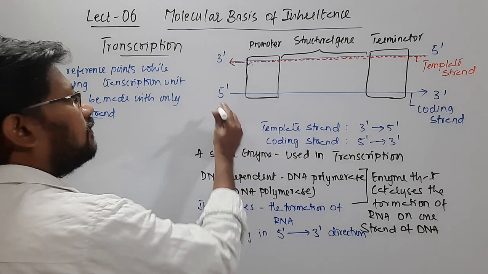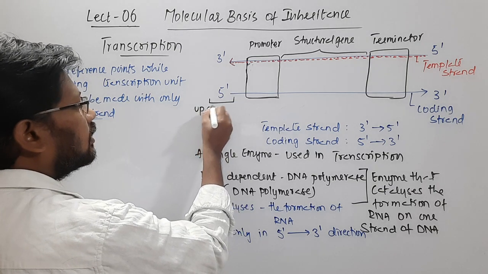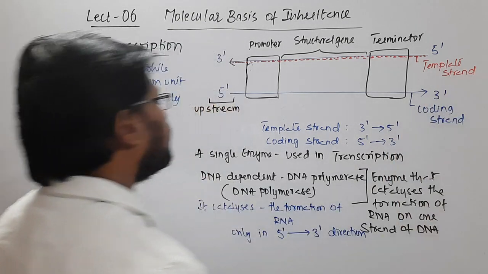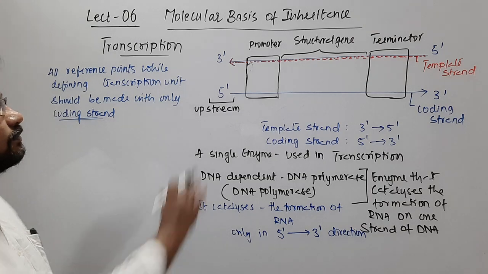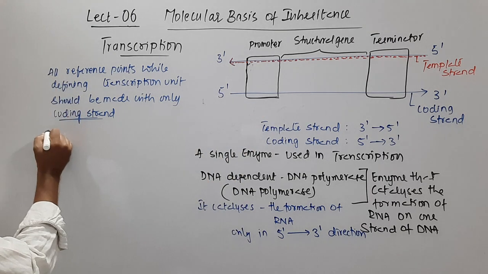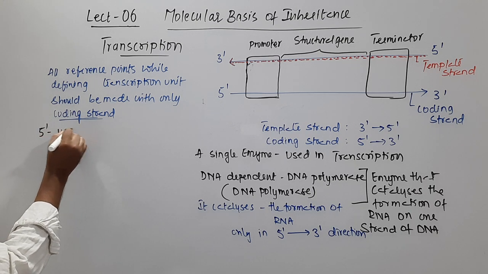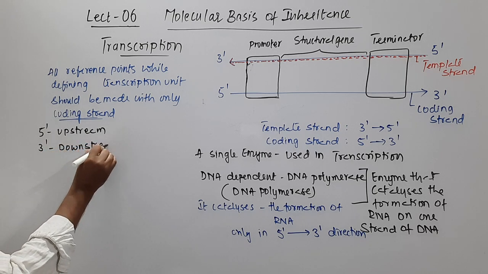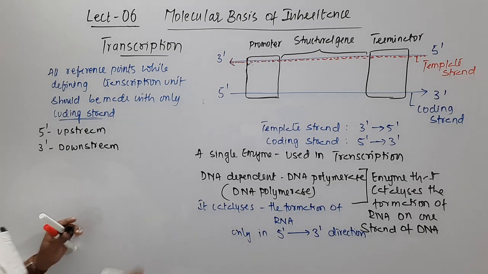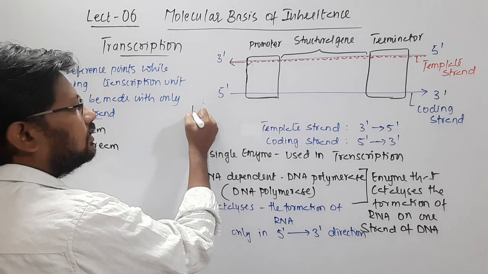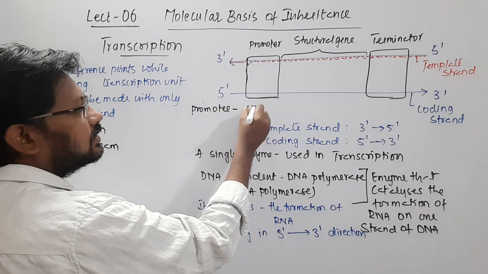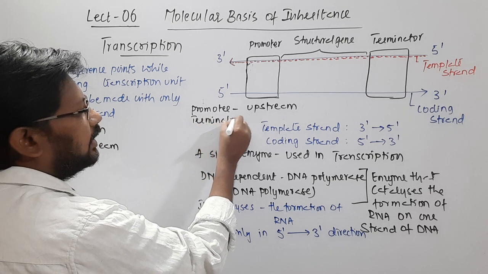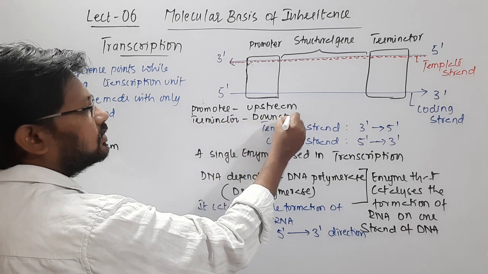This 5' end is usually called upstream, and this 3' end is called downstream. So 5' is upstream and 3' is downstream. With this we understand that the promoter is upstream, whereas the terminator is downstream.